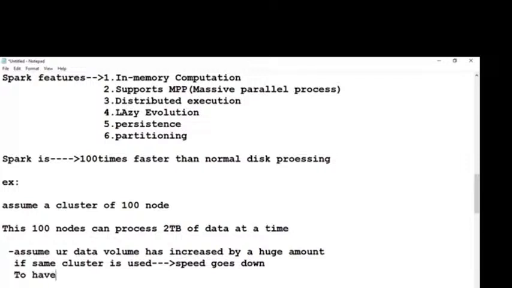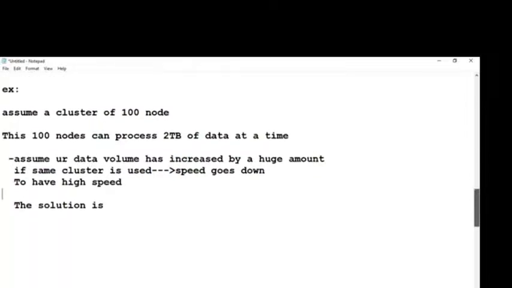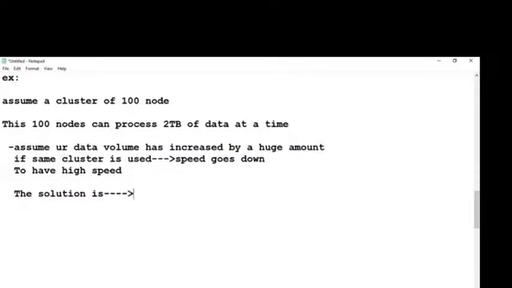So to have high speed, the solution is scaling up the cluster. Adding 100 new nodes.